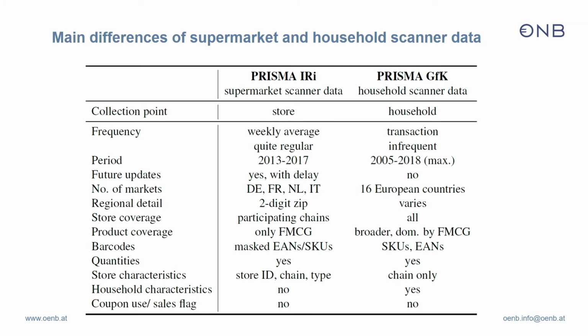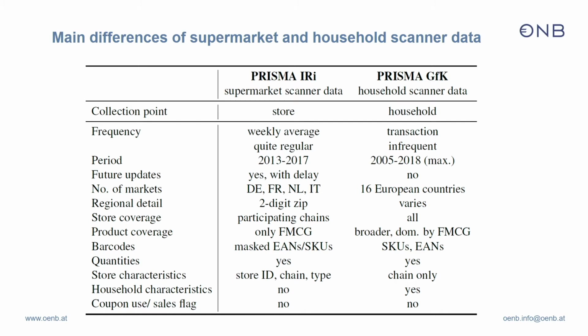So we have actual transaction data, which is not the case for the supermarket scanner data, because here we have unit values, which is sales accumulated over a week divided by quantities sold, and that's why we have only weekly averages. In that sense, no true micro prices.